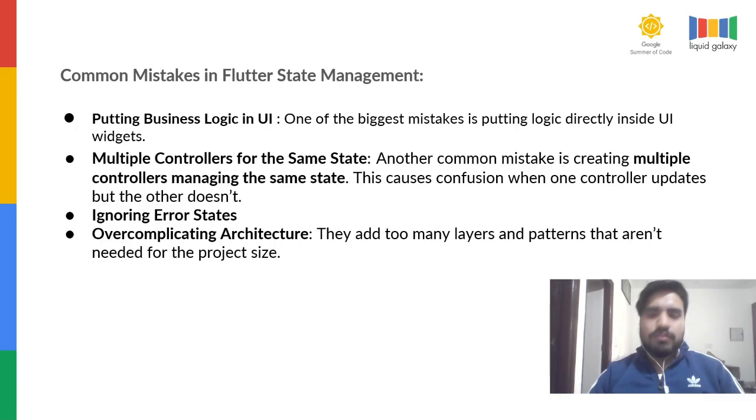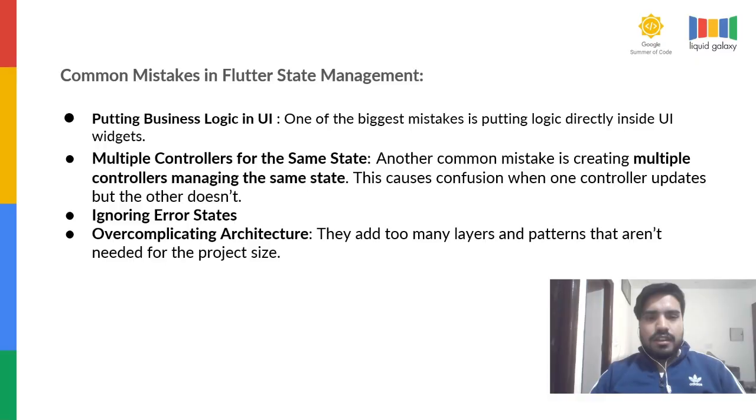Now we are on the last part of our presentation. Let's understand some common mistakes people make in Flutter state management. One common mistake is putting business logic in the UI part. This is the biggest mistake, people put all that logic directly in the UI.